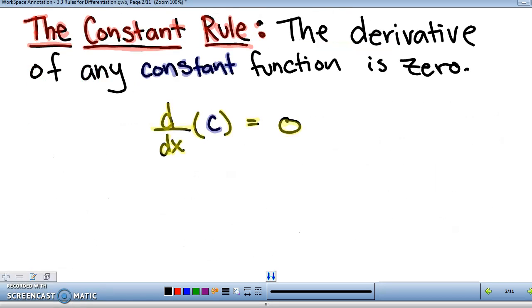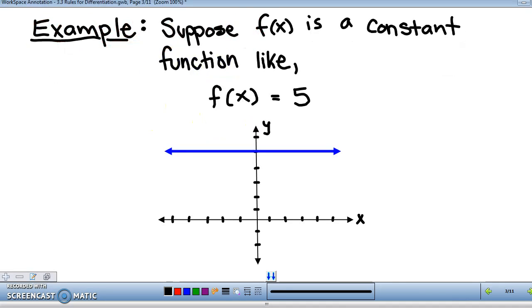Okay, and the first rule you're going to learn is the constant rule, which says that the derivative of any constant function is 0. And to help you understand that, I'm going to take some random constant function. So f of x equals 5, for example. And that's just random.